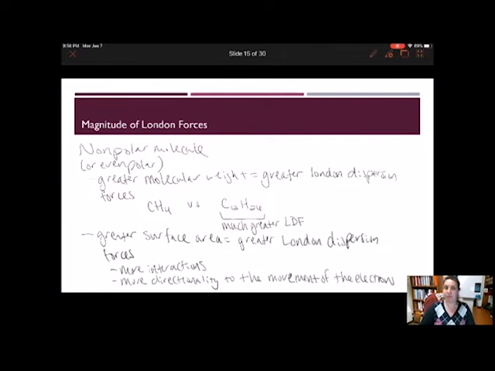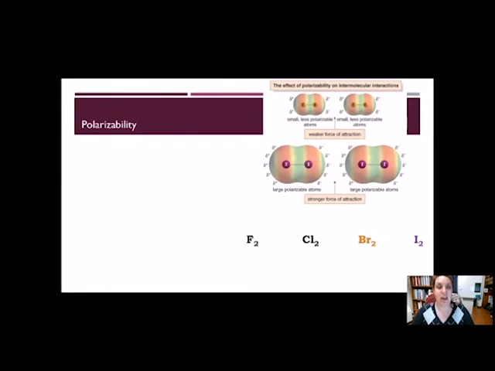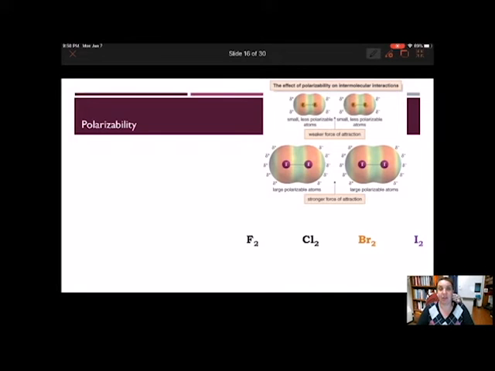A way to look at the London dispersion forces is through something called polarizability, which is the ease with which an electron cloud of an atom or molecule can be distorted by an outside force.